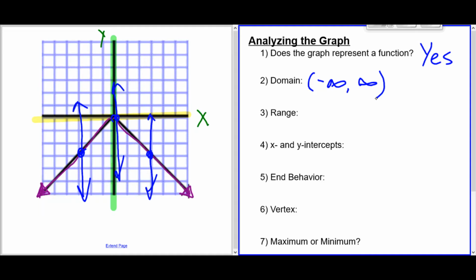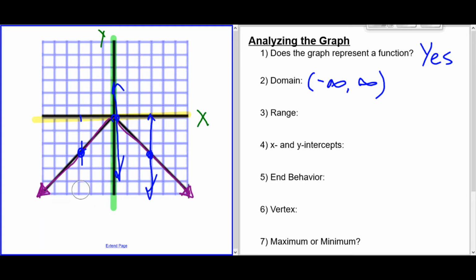The range, this one's special. So remember, range is smallest y, largest y. So if I look on my y-axis, so I'm going to erase some of my blue lines that I drew here. If I look at the y-axis that I have highlighted there in green, I want you to notice that this purple graph starts up at this point that I'm highlighting here in purple.